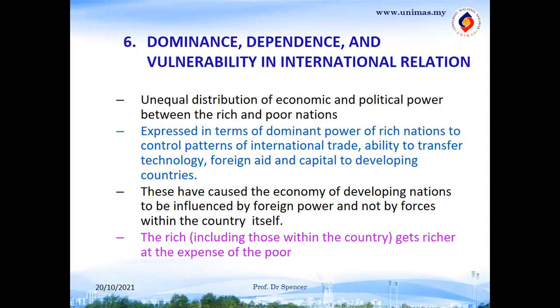So unequal distribution of economic and political power between the rich and poor nations. And this is usually expressed in terms of dominant power of rich nations to control the patterns of international trade, and also ability to transfer technology, foreign aid, and capital to the developing countries. So this is controlled by the rich nation.